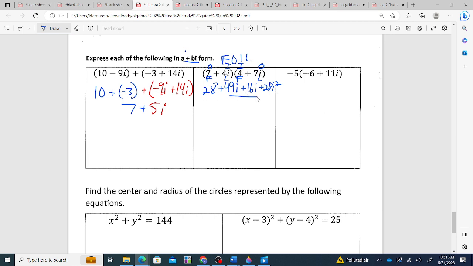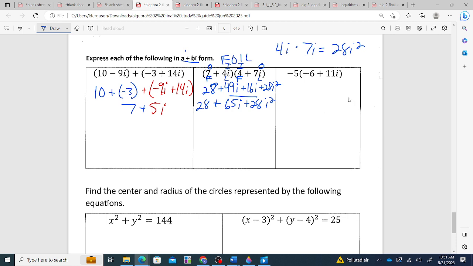So first thing I do is combine the i's. So that's 28. Yes, 28, because I have 4i times 7i. So, yep, two i's. You just treat i like a variable when you're multiplying. So anyway, 28 plus 65i plus 28i squared.